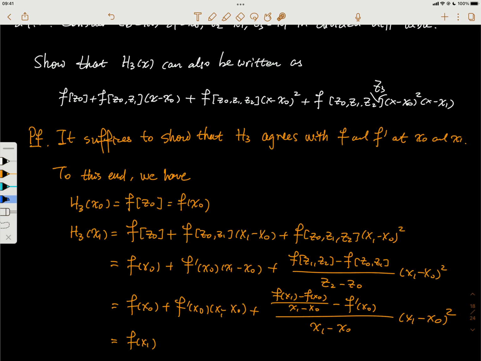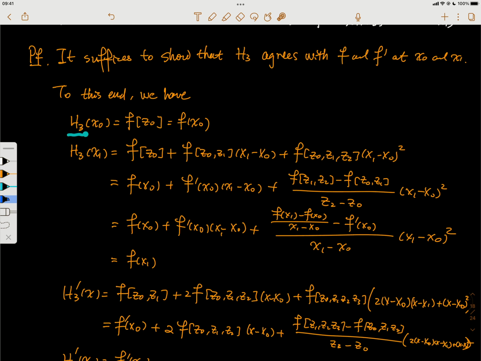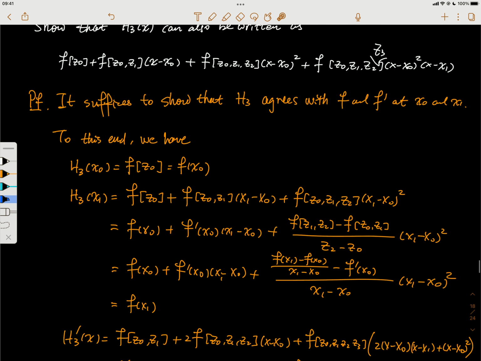So we just need to plug in x equal to x0 and x1, and then take a derivative of h3 and again substitute x with x0 and x1 and see what they are equal to. First, let's check h3 evaluated at x0. If h3 is defined in this way and we plug in x equal to x0, then all these 3 terms are gone.